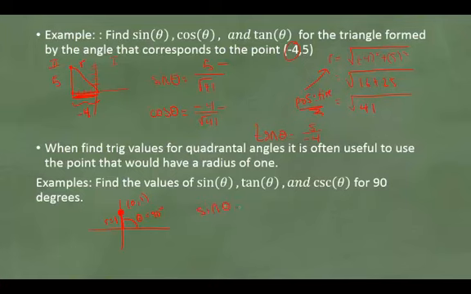Now sine theta is the y value over the r value, 1 over 1, which is 1. Cosine theta is the x value, 0 over 1, the r value. And tangent theta is the y value over the x value, 1 over 0. 1 over 1 is 1, 0 over 1 is 0, and 1 over 0 has no value, it's undefined. We can't divide by 0.